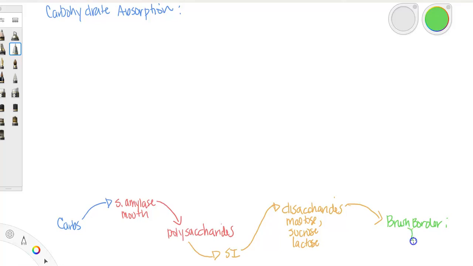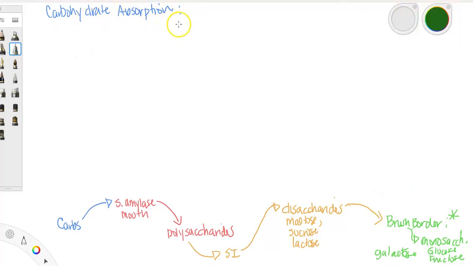So at the brush border, then we get monosaccharides: glucose, fructose, and galactose. So that's the process. What we're going to look at now is what's happening here at the brush border.